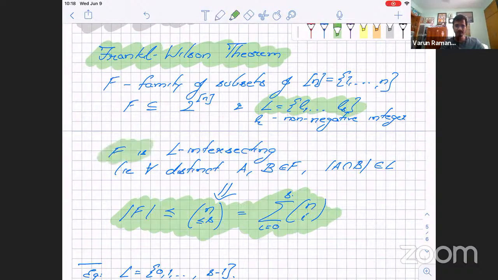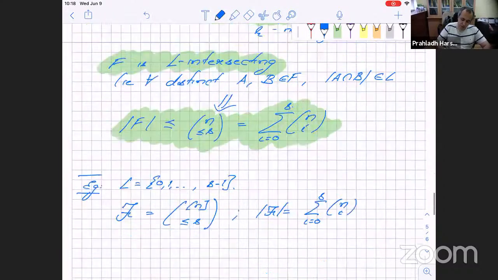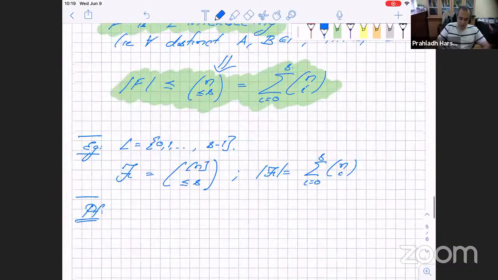Questions so far? So let's go to the proof. Let's jump into the proof of this. Let's look at F, which is the set of all functions from f to, I don't care which field, let's say the reals.